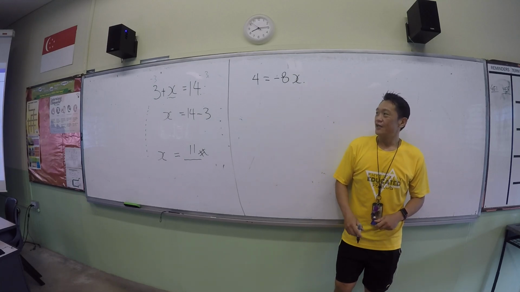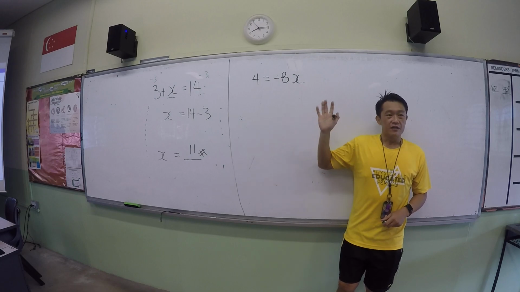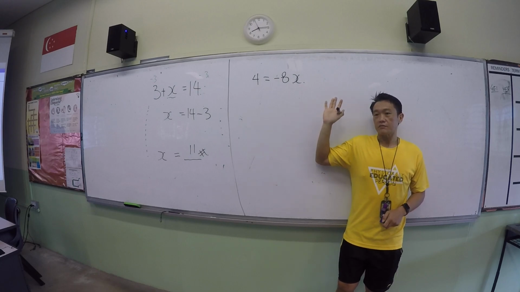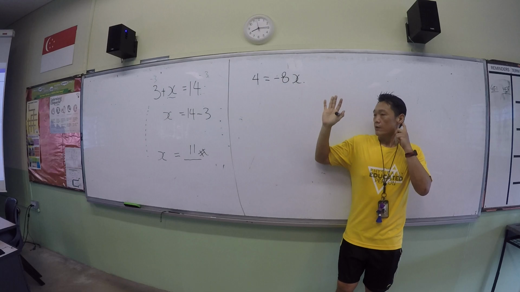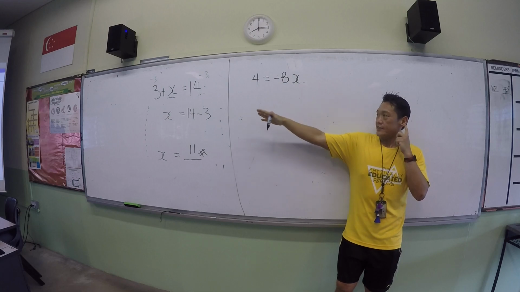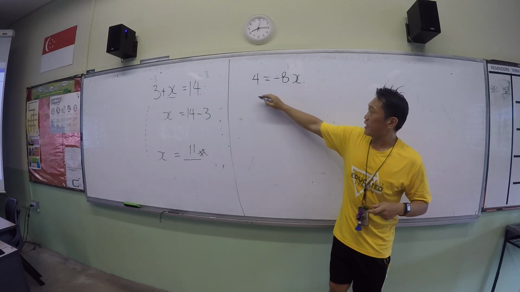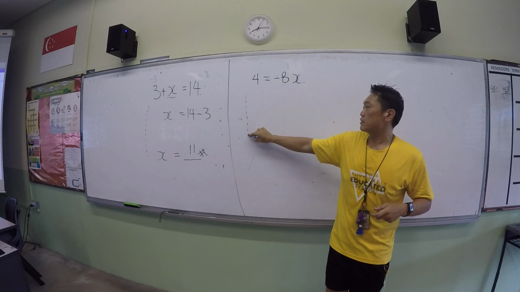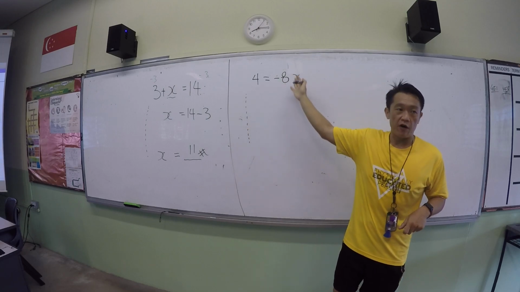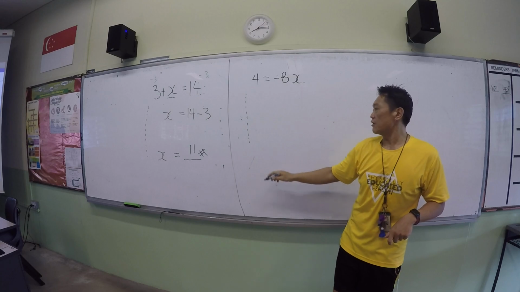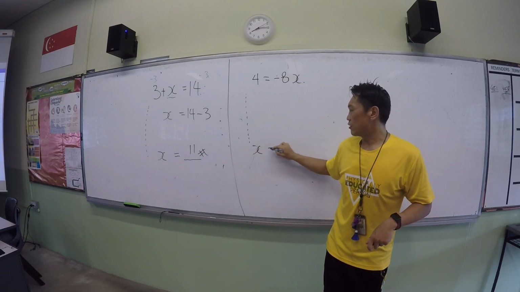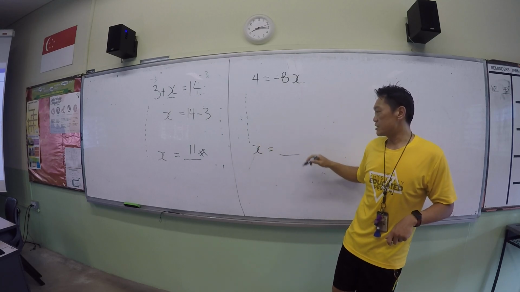Okay, so question B. Going by the exact same thinking, I know that I am going to write more equations from the original equation until x is on one side and all the numbers on the other side.